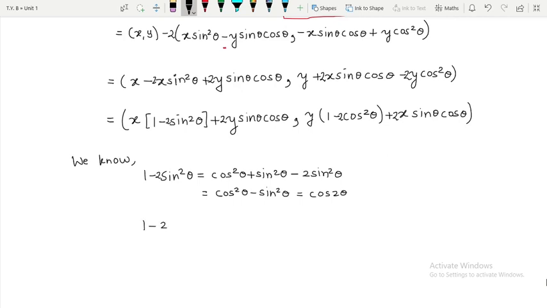What about 1 minus 2 cos²θ? By using similar logic, this 1 is sin²θ plus cos²θ, so minus 2 cos²θ, which will be equal to sin²θ minus cos²θ.